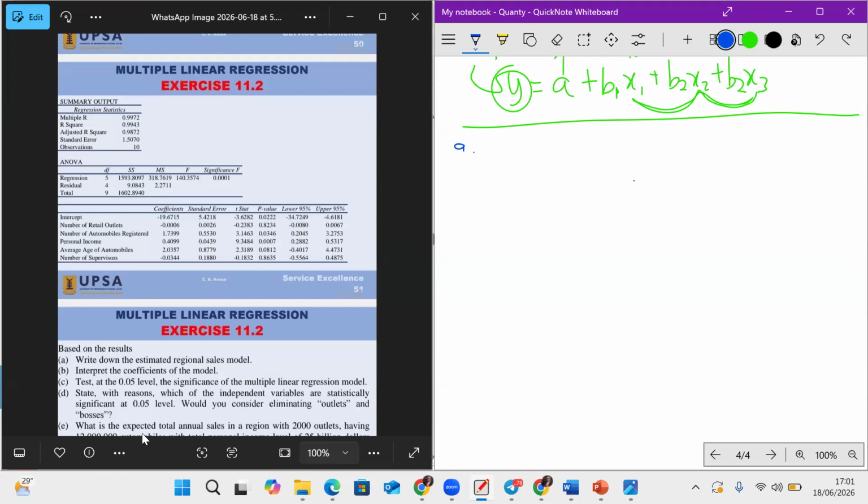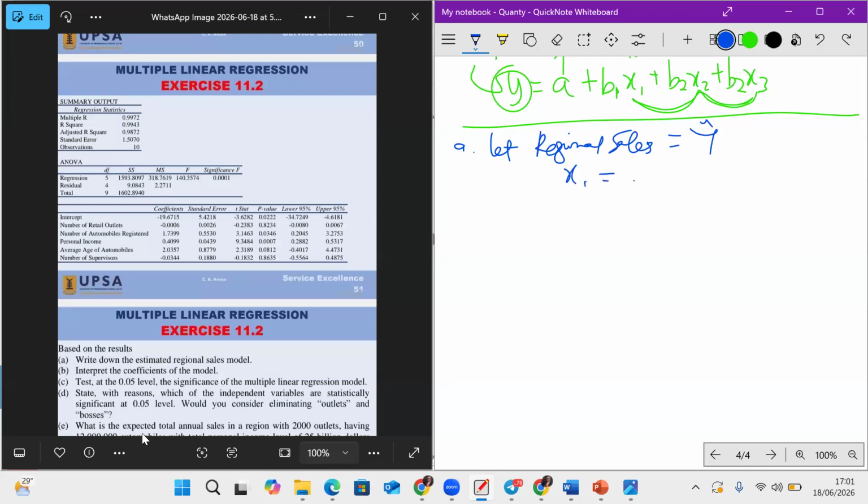I will say that the regional sales equals what? Y estimate. Then I would say let alpha... No, hold on.